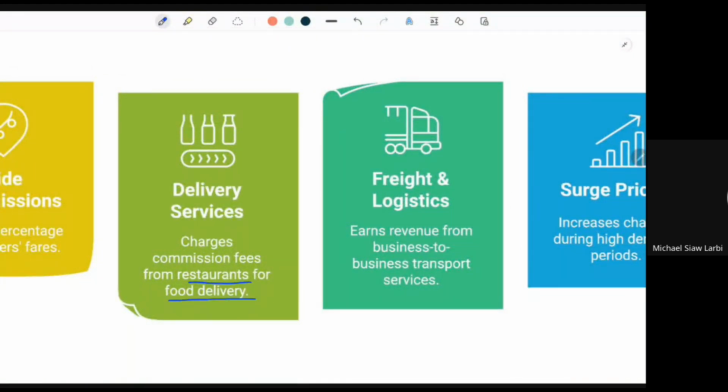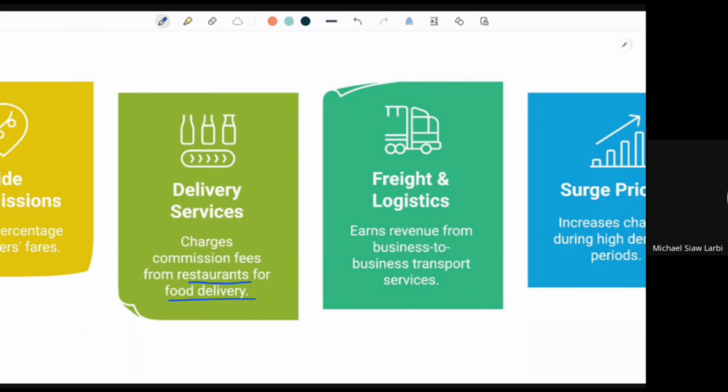The reason why you go on Bolt Food and you see a certain restaurant listed is that they have paid Bolt a certain amount of money so they appear on the app, so that you, the user, will see and make an order. It's another way to make money.